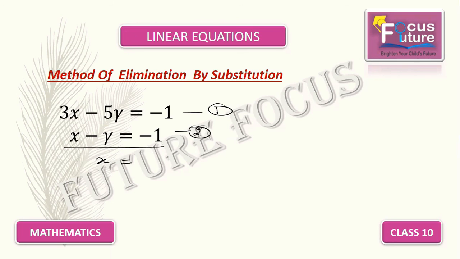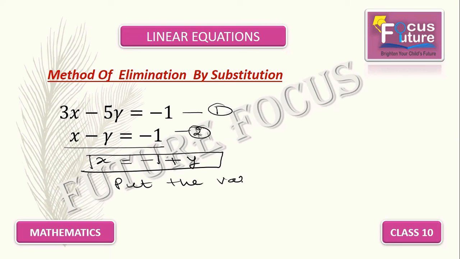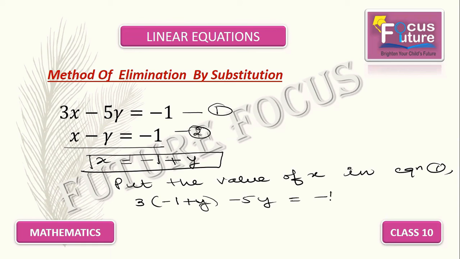Here x is equal to, y would go on the other side, that would be minus 1 plus y. Put this value of x in equation 1. You would get 3 into (minus 1 plus y) minus 5y, that is equal to minus 1.